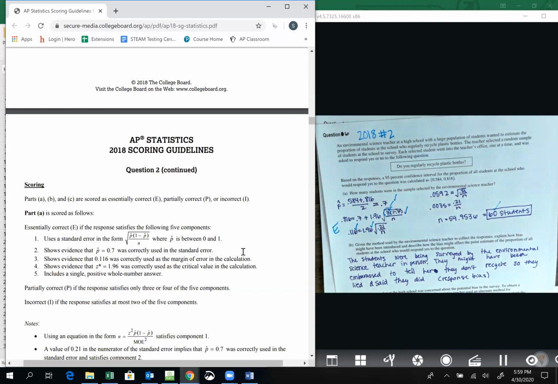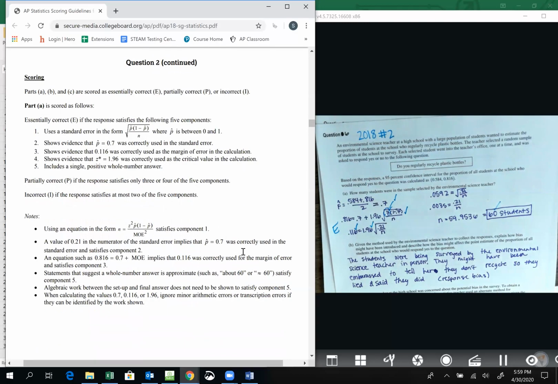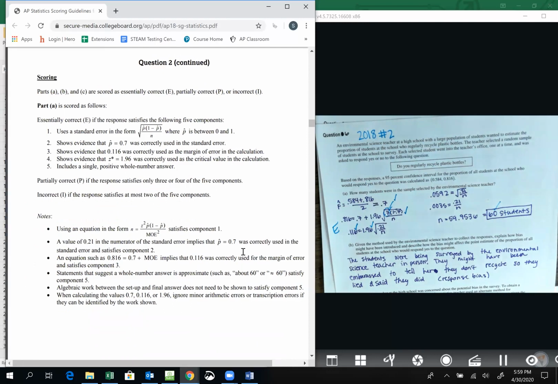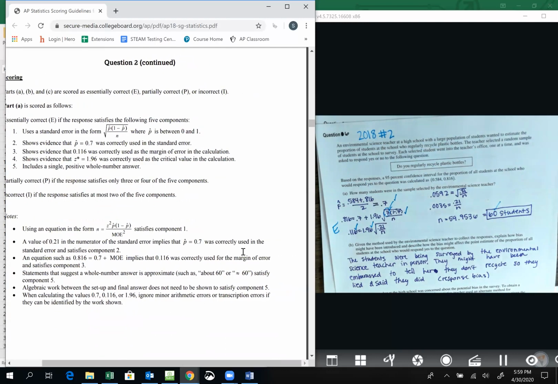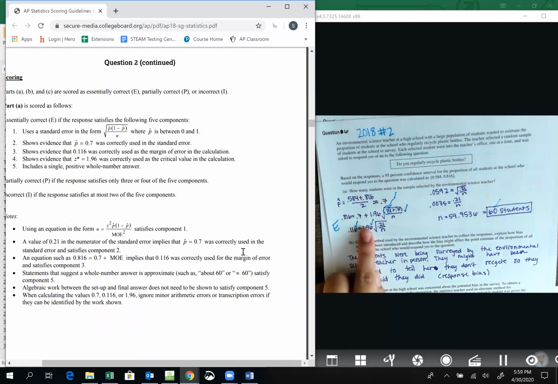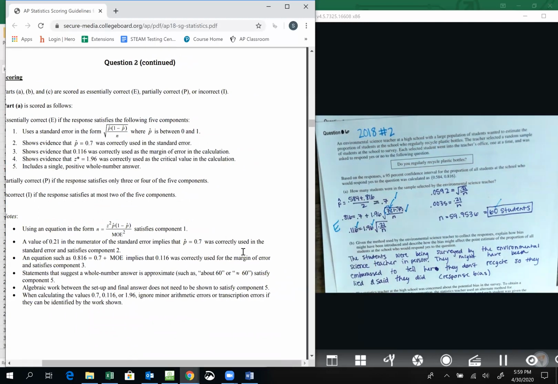I is incorrect. Note that using an equation in this form where you've already solved to get n by itself is also acceptable. A value of 0.21 in the numerator of the standard error implies that 0.7 was correctly used and satisfies component 2. An equation such as this one, 0.816 equals 0.7 plus the margin of error, that's what I did, implies that 0.116 was correctly used.